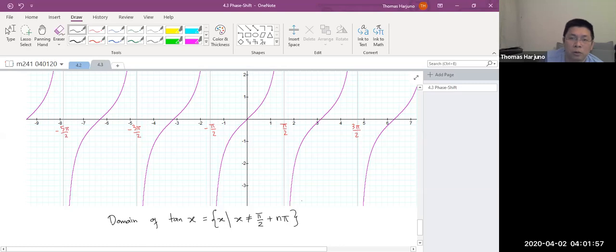So all real numbers, you can use any x as long as it is not pi over 2 or any integer multiple of pi from there.